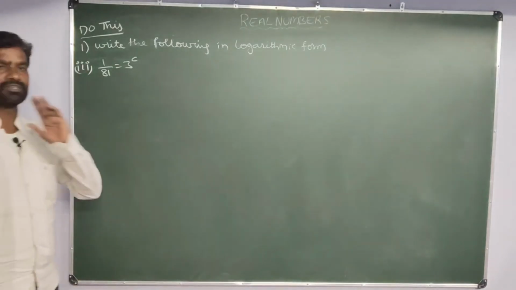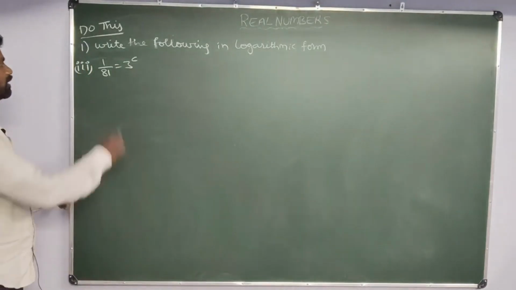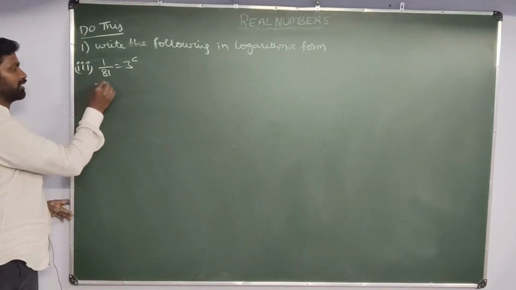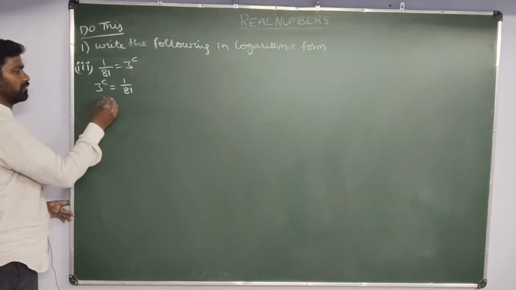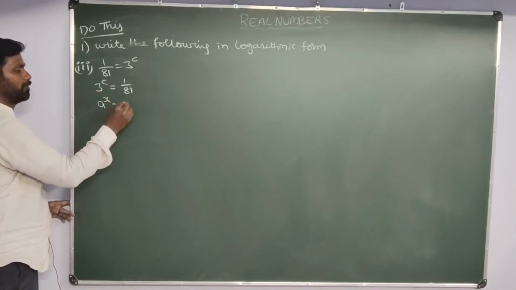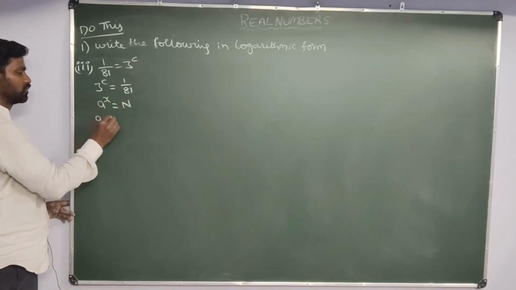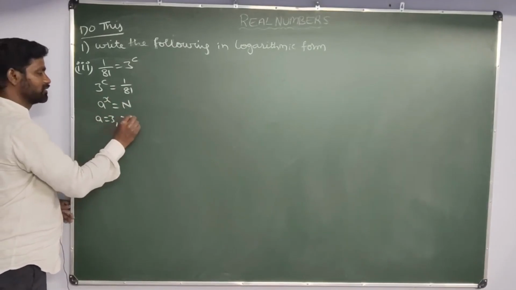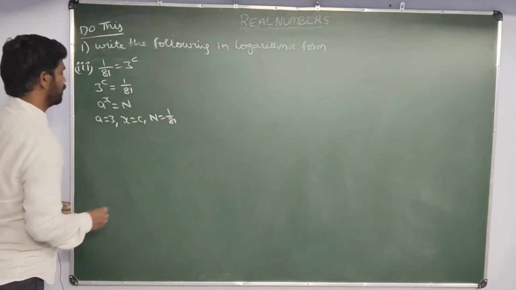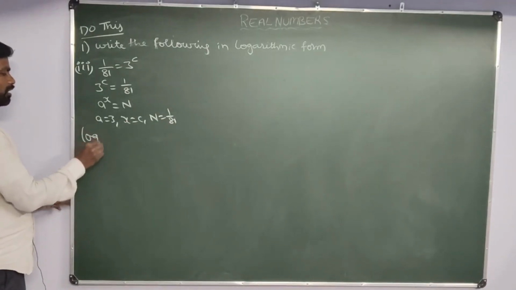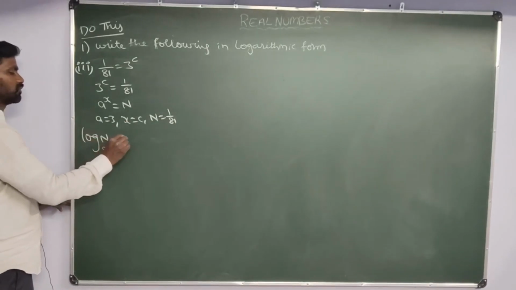Okay, students, I missed your third question. That is 1 by 81 is equal to 3 power c, or we may write that as 3 power c is equal to 1 by 81. Now compare with the exponential form, a power x is equal to n, where a is equal to 3 and x is equal to c. Next, n is equal to 1 by 81. Okay, now the logarithm form, log n base a is equal to x.